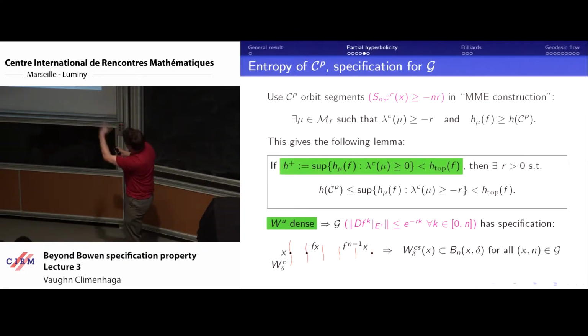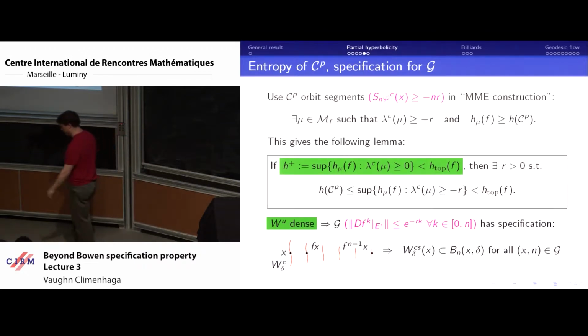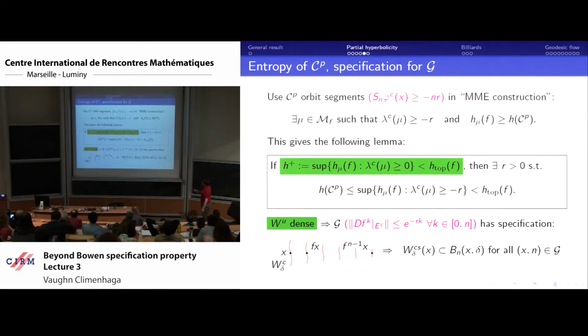First, its entropy is at least the growth rate of these guys, the entropy of CP, by the standard argument from the proof of the variational principle. Second, because this phi c is continuous, and the convex combination of these empirical measures converges weak star to your mu, and the average with respect to any of the empirical measures is at least minus r, the same is true of your limiting measure. So your limiting measure has center exponent at least minus r.